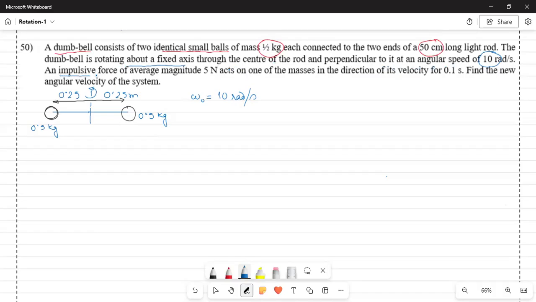Next, what happens? An impulsive force. Student, be very careful. This is an impulsive force. I have seen that in this chapter, this is the only numerical problem based on impulsive force. Normally we ignore impulsive force effects because not many numerical problems are faced in school.